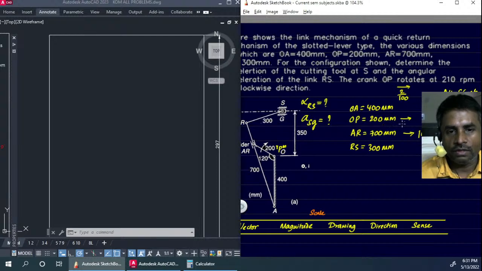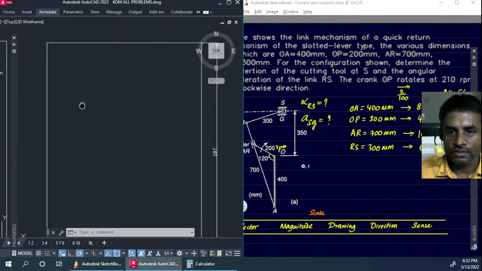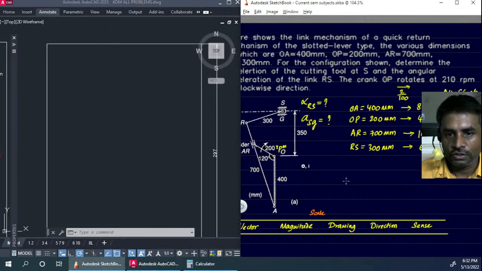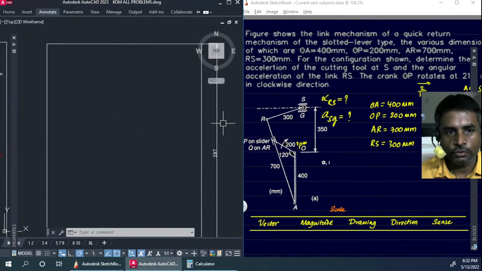So the same I have to do for every other length. So here we are going to take 4 centimeters, and here I'm going to get 4 times 2, that is 8 centimeters, and here 3 times 2, that is 6 centimeters. So these are the lengths I'm going to actually use to draw this particular link. So let me go ahead and do that.